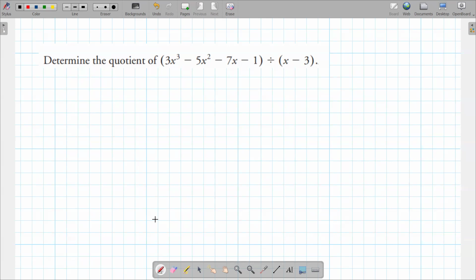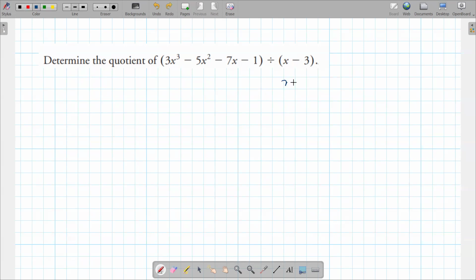It has one requirement. The divisor has to be linear. That's the only requirement. Whatever you're dividing by has to be linear. So you see this is linear, so we can go ahead and proceed.